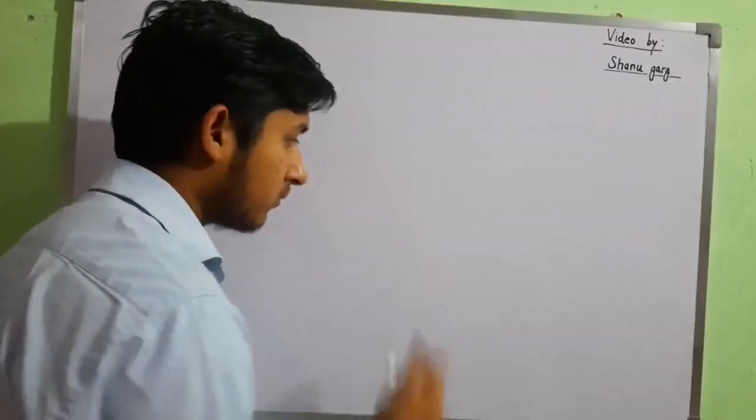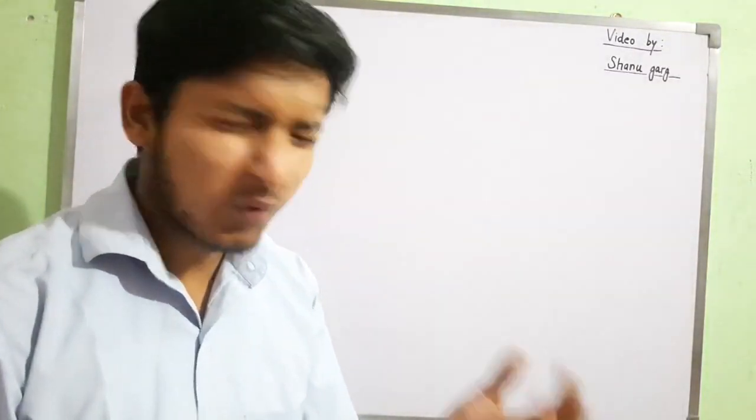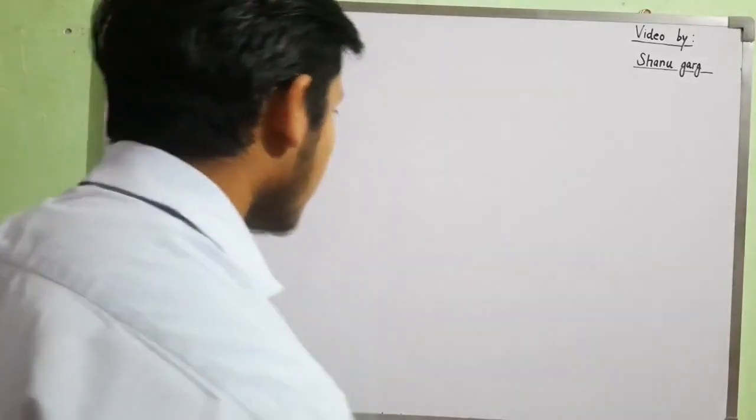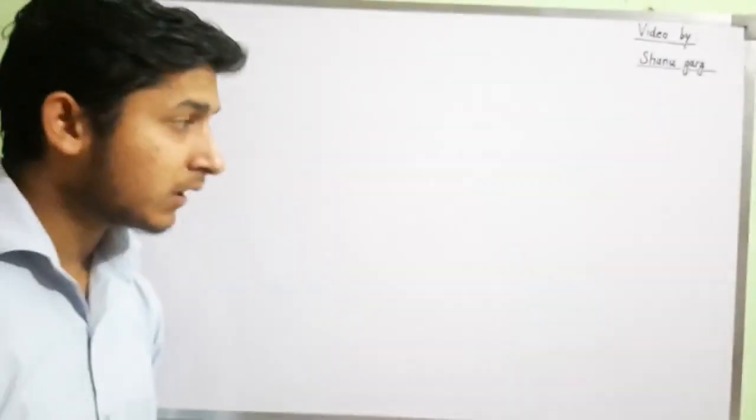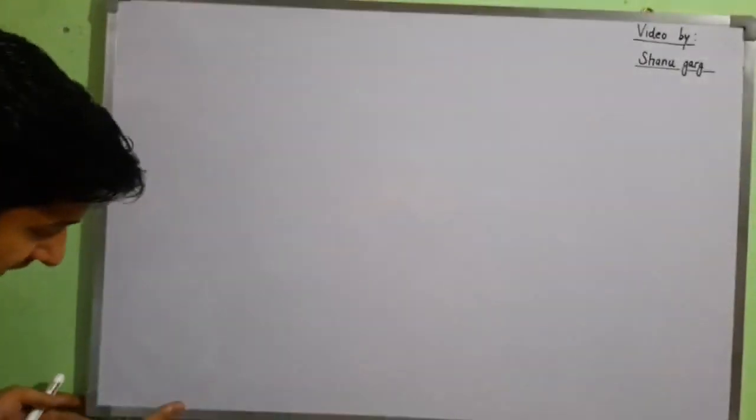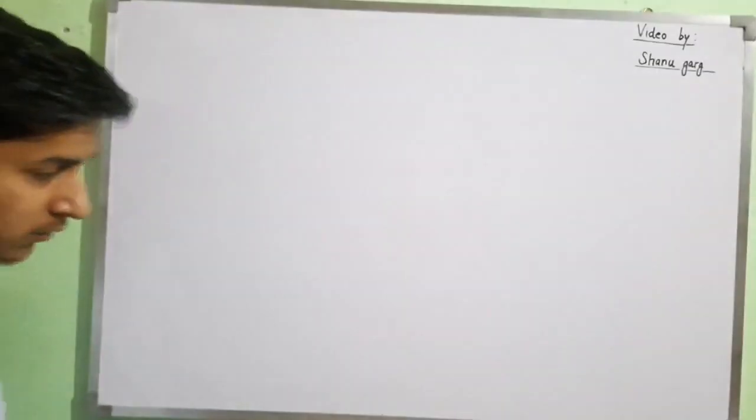Now I'll start with why we use this, where it is used, and what it is. Suppose I am to enter into this board. There are 2 ways to completely cover the entire base of this board. If I enter into this board, I have to completely cover this entire base.